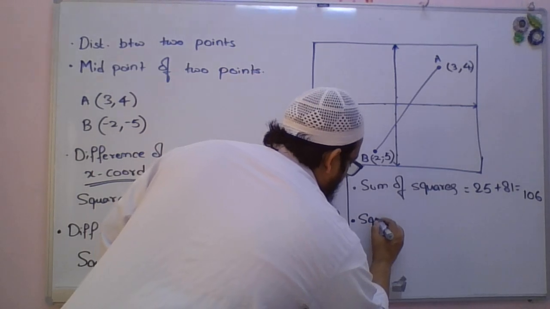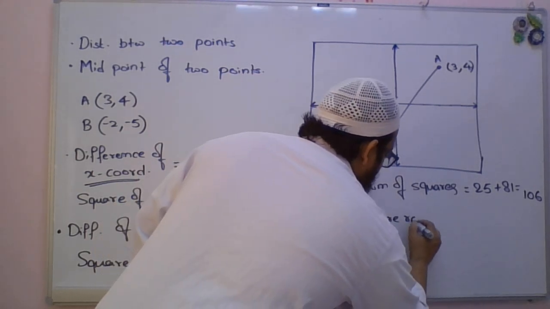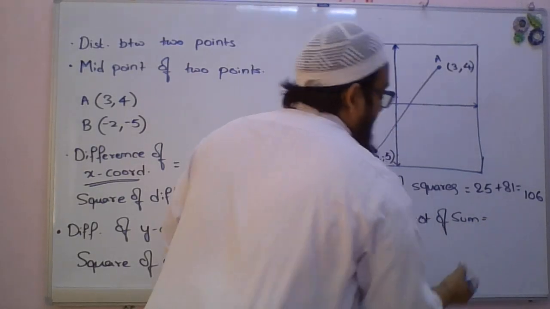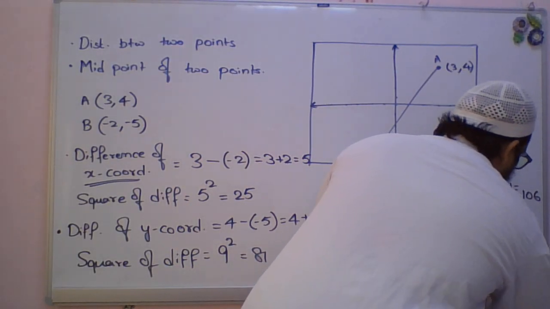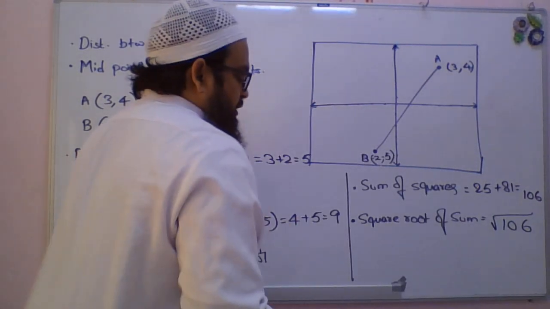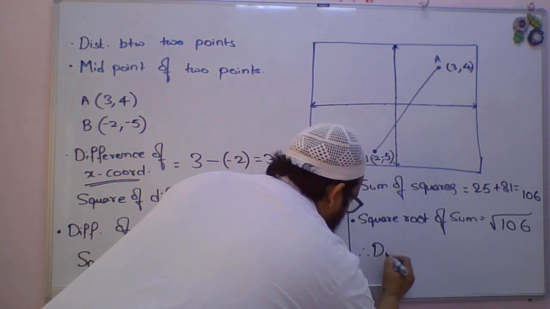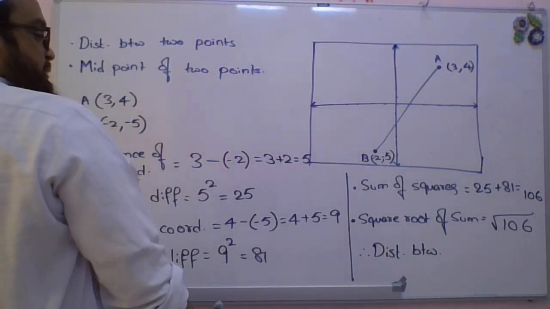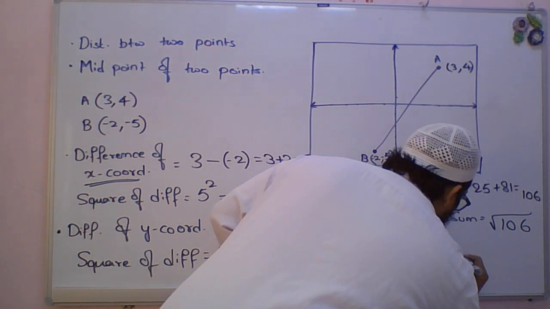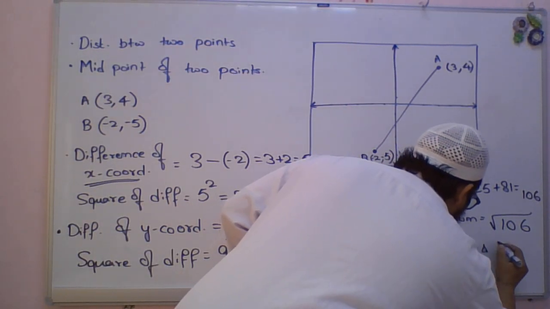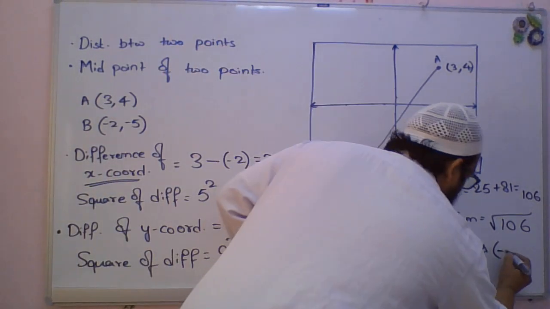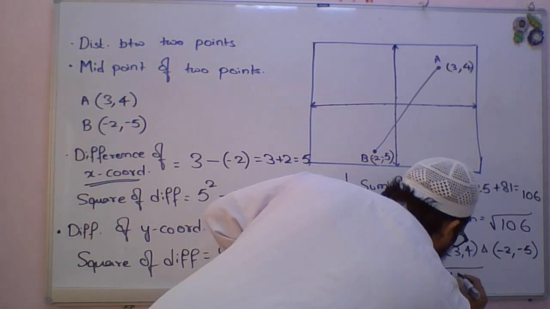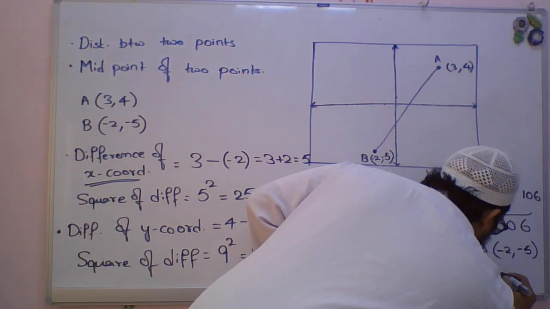Square root of the sum, so that is equal to square root of 106. Therefore the distance between 3 comma 4 and minus 2 comma minus 5 is equal to square root of 106 units.